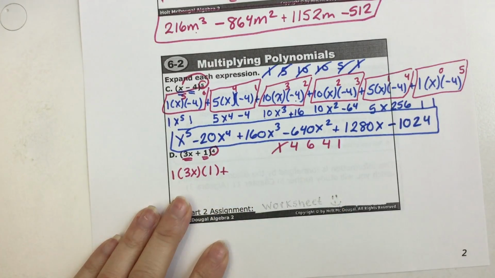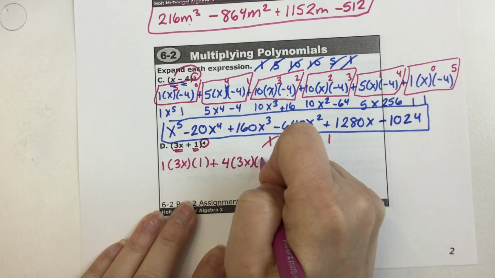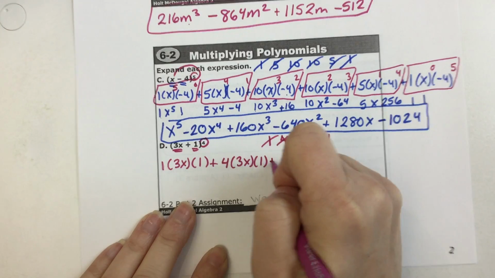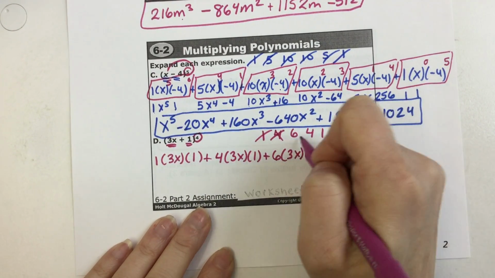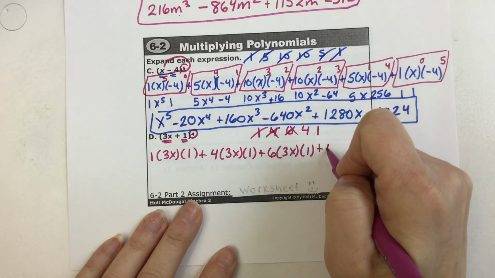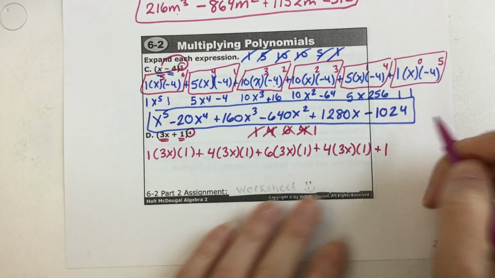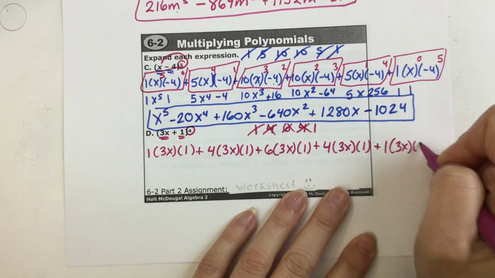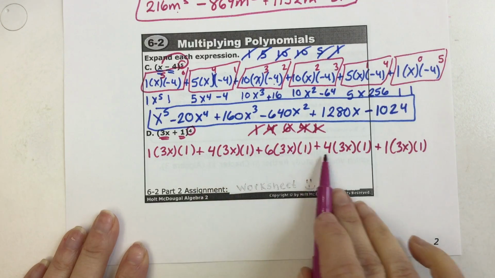Done with that term. There's more to the problem, so I add 4, 3x, 1. Done with that term. There's more to the problem, so I add 6, 3x, 1. Done with that term. 4, 3x, 1 plus 1, 3x, 1.